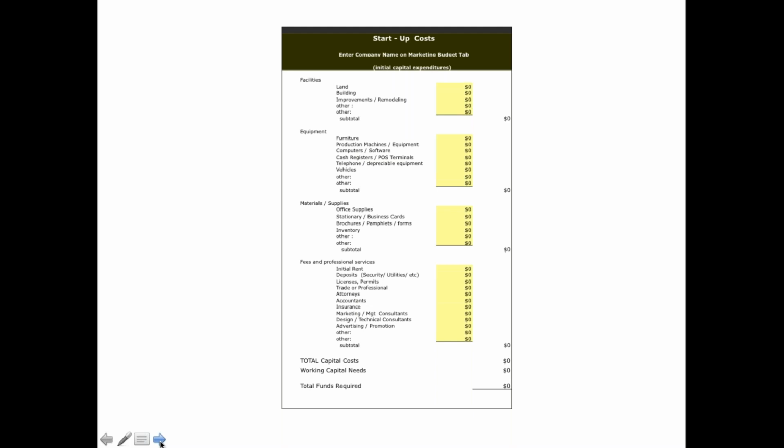So if you build a building, you put the whole value here if you're going to own it. If you're renting it, don't use this. Just leave it at zero. You may improve it. In other words, if you buy a shell building or you rent a shell building and you spend $20,000 doing the inside, that's an improvement or remodeling.